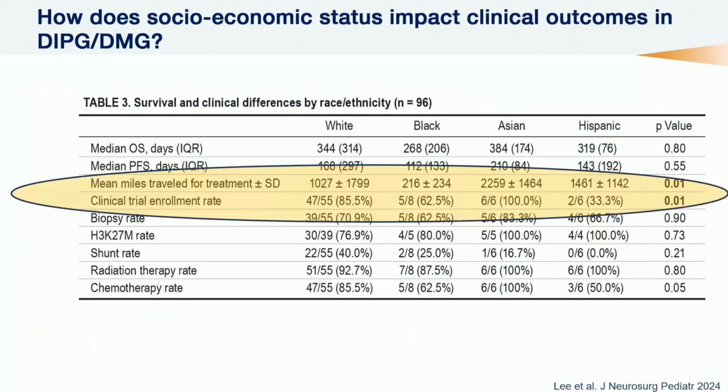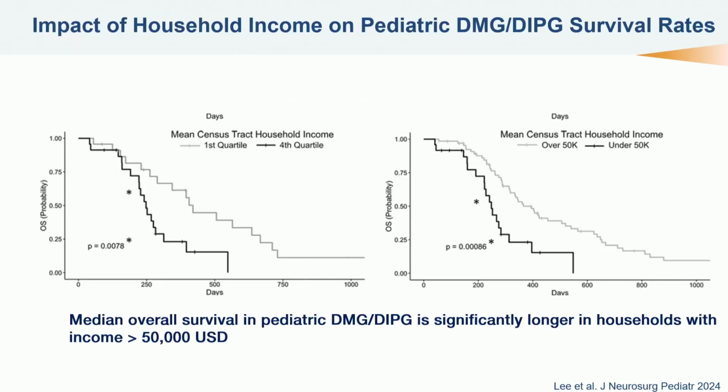Recent studies from the University of Michigan have also shown how socioeconomic factors impact clinical outcomes in DIPG and DMG. And I think this is a topic we need to address more globally for pediatric cancers. Here you can see there's a difference in terms of race and ethnicity, how far people travel for clinical trials, and also the trial enrollment rate.